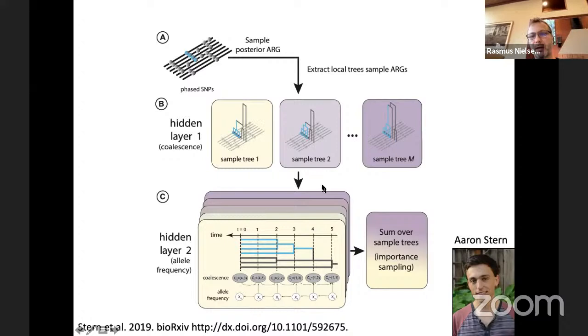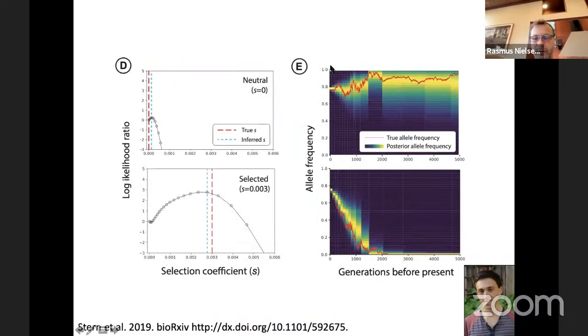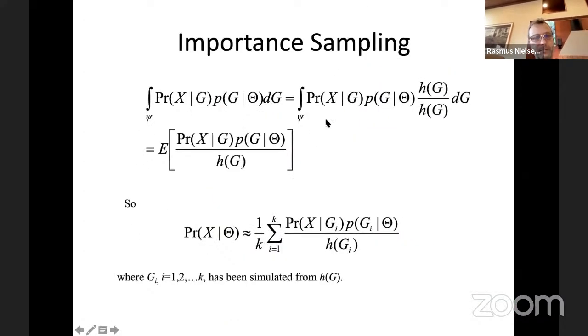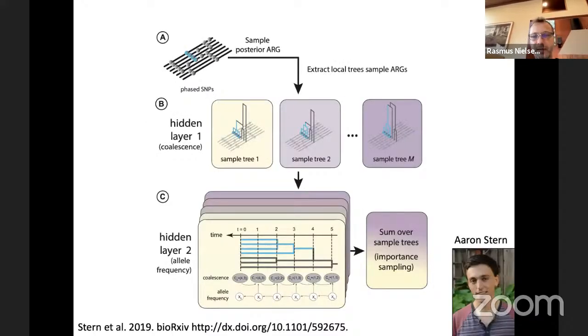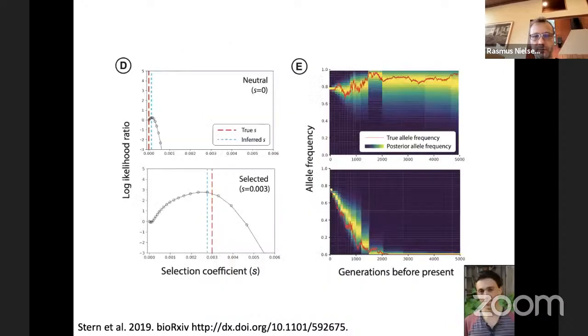So basically we can calculate the probability of seeing a particular genealogy if there was selection. We use importance sampling to evaluate the likelihood function for selection, even though all the trees we sampled were sampled under a neutral model. So you can write that down, and it works, and by this logic, as the sample size goes to infinity, it gives the exact right likelihood function.